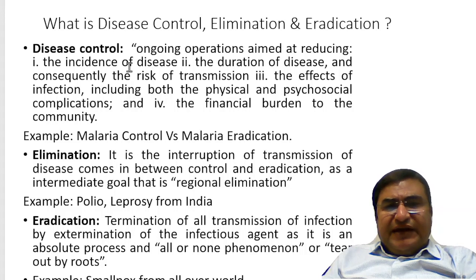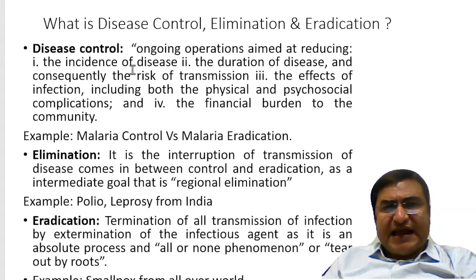Three important definitions for any infectious disease are disease control, disease elimination, and disease eradication. So, what do we understand by disease control? Disease control has four aspects. Which are they?